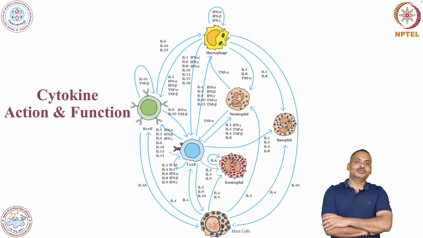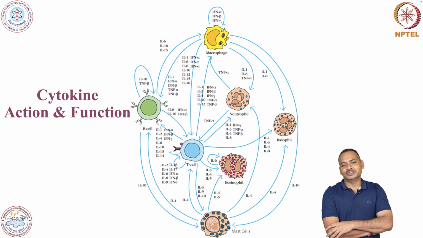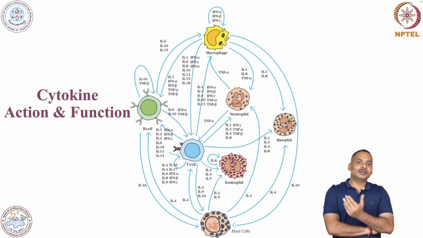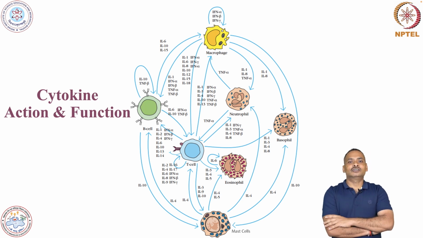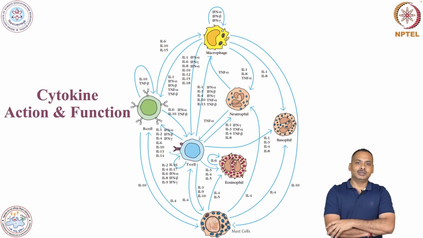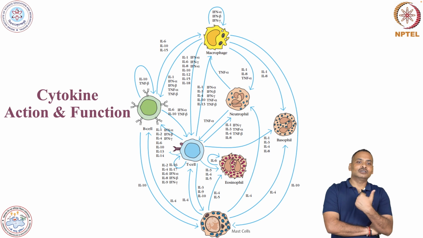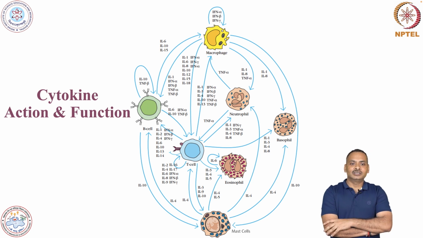For example, on top there is a macrophage, and the macrophage is producing interferon alpha, beta and gamma, and it is acting on the same cells, that is macrophages. Similarly, there is a cytokine known as IL-10 which is produced by the B cells, and it is also acting on the B cells.